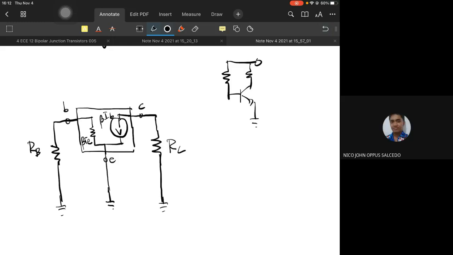Sir, unsay assumptions to make, sir, if walay beta given by the time na mag-exam mi? Kung wala beta given, well, medyo advanced naman na nga question, no? Pero for sure, if wala beta given, other parameters given.